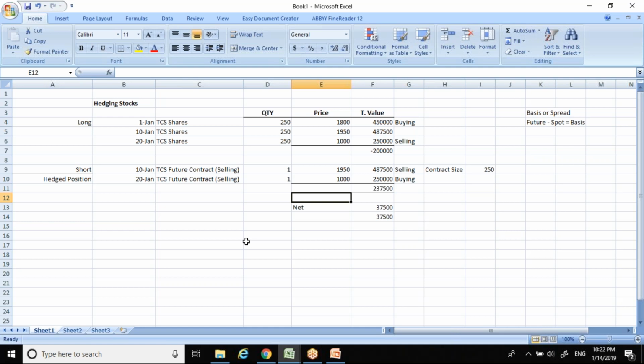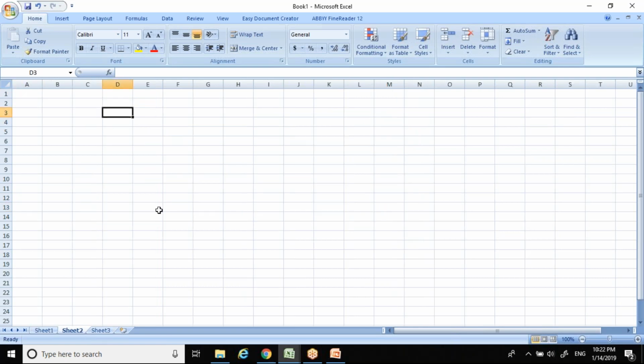Now, let's understand the concept of hedging in the case of a currency exporter. Let's suppose there is a currency exporter, how can hedging help him?